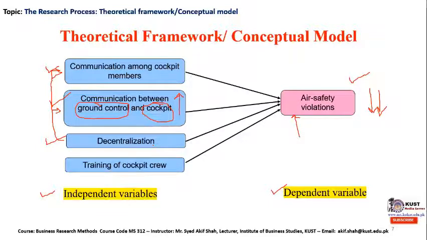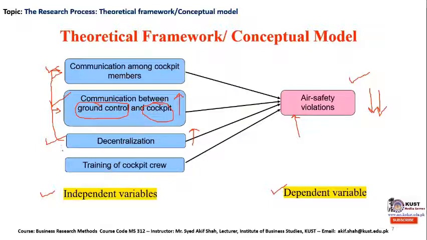So the researcher has made another logical relationship: if there is an increase in decentralization in the aeroplane industry, like everybody is not reporting to the same ground tower or to each other, there will be a greater number of air safety violations.